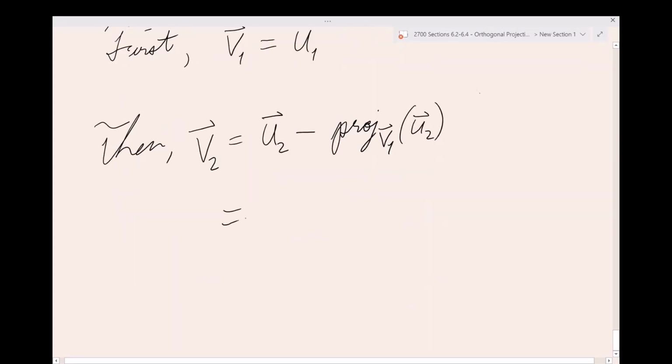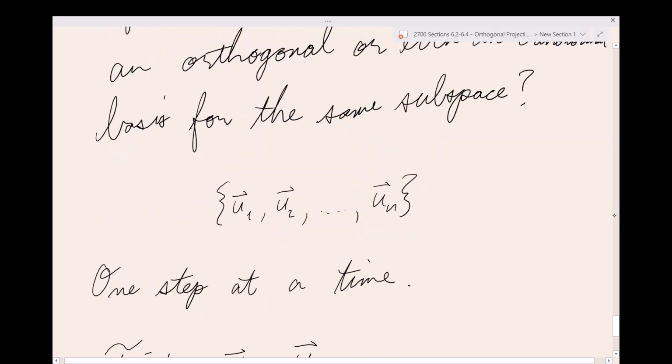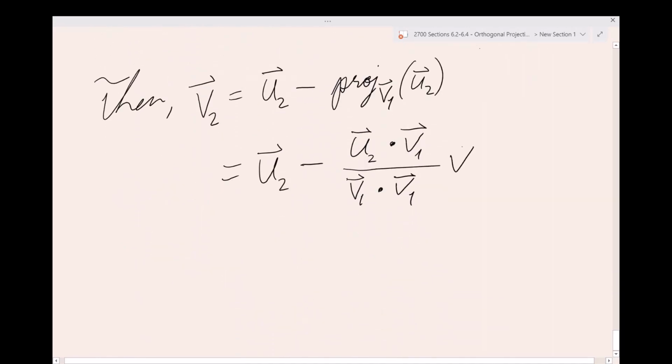In other words, we take u2 and we subtract off u2 dot v1 over v1 dot v1, scaling v1. I subtract off its projection onto v1.